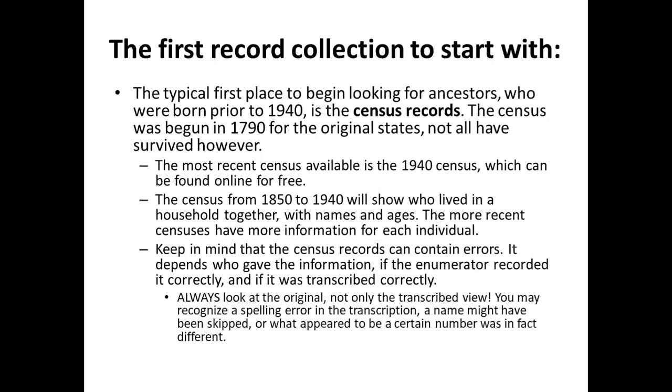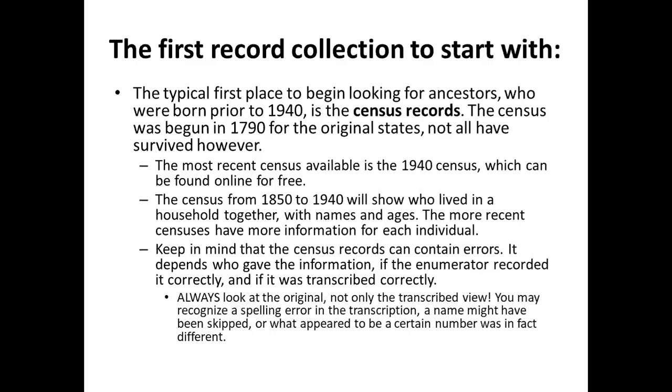The 1850 to 1890 census will show who lived in the households by their names and ages. Now, the 1870 to 1940 census will show all of those, no matter the race, who lived in those households. The 1850 and 60, however, did not list the names of African Americans living in the households at that time.